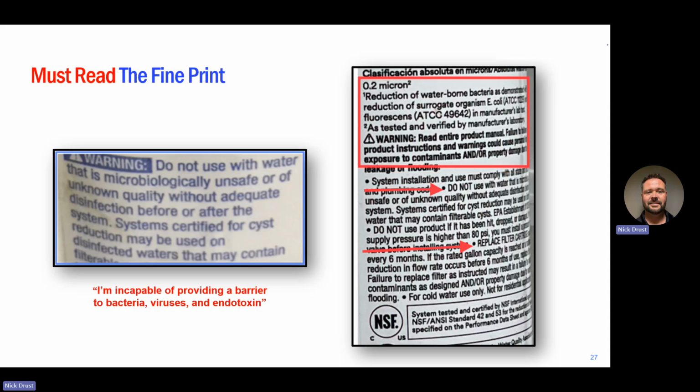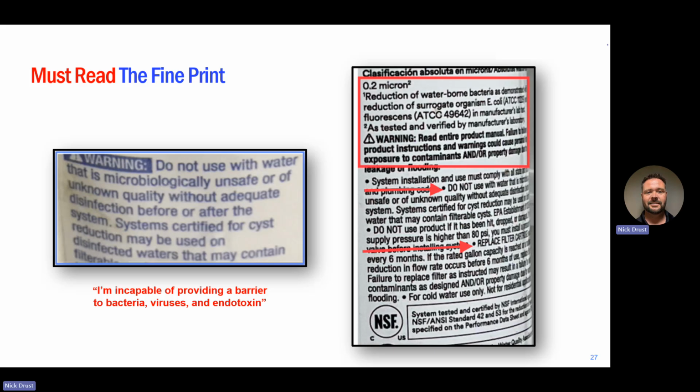I like to call this the fine print slide. How many of you have actually read the warning label on the filters installed in your facility? I would guess most haven't. When the label says, do not use with water that is microbiologically unsafe or water of unknown quality without adequate disinfection, in other words, the manufacturer is telling us exactly what the filter was designed to do and what it was not designed to do.